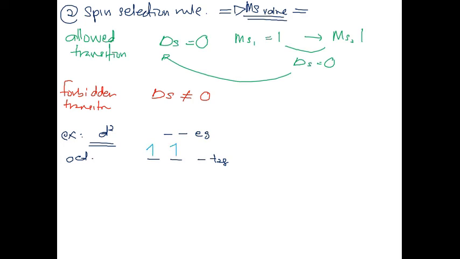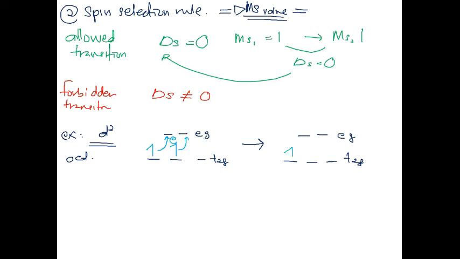And then at another level, this D2 can excite. One electron excites, either to this one or to that one, whichever.